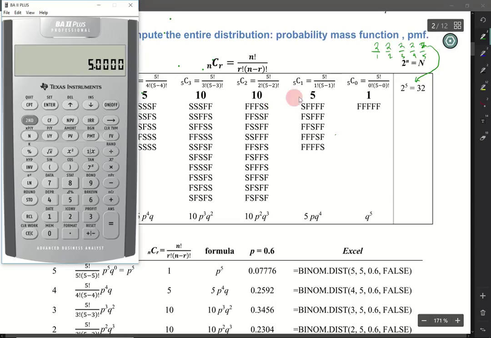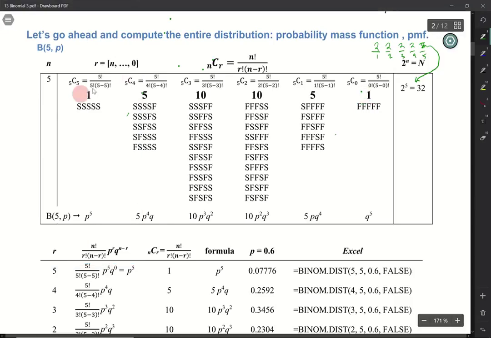Now when we do 5C0, if there are 5 things and there are no successes, how many different cases are there? Well, if they're all failures, there's only one way to do that. So that's what these combination coefficients mean, and that's how they arise.